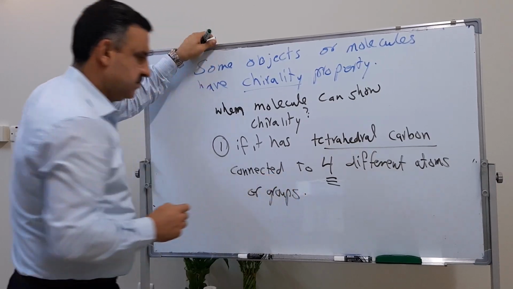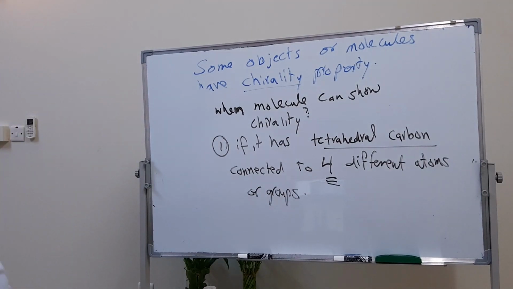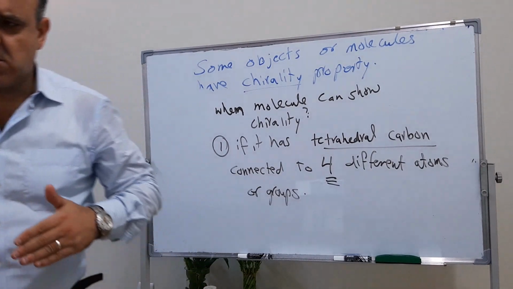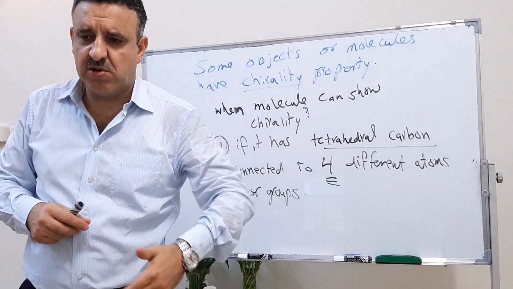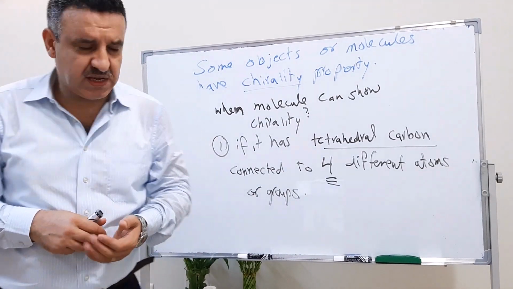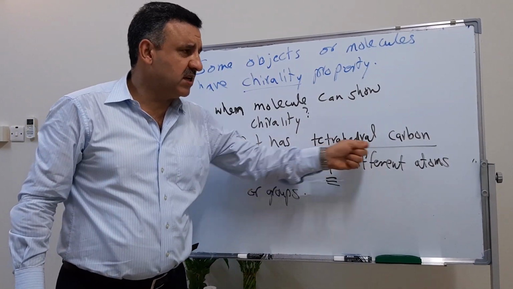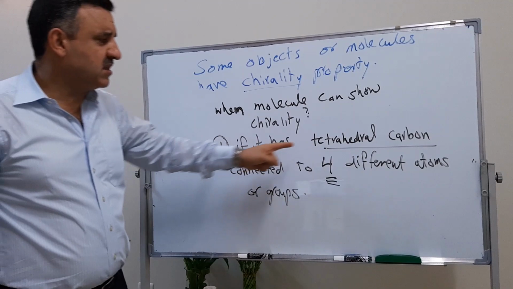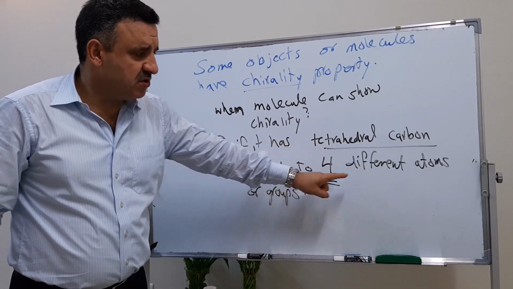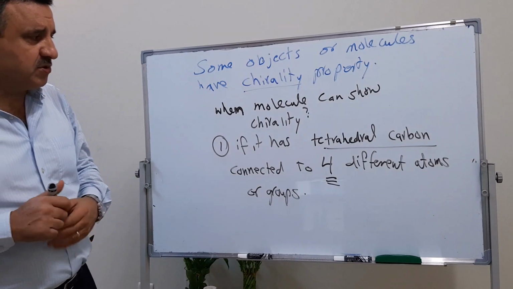Do you follow me? So this is the condition in order for a molecule to possess the chirality property. It must have what we call a tetrahedral carbon, and this tetrahedral carbon must be connected to four different atoms or groups.